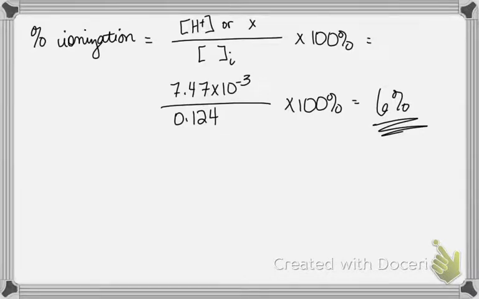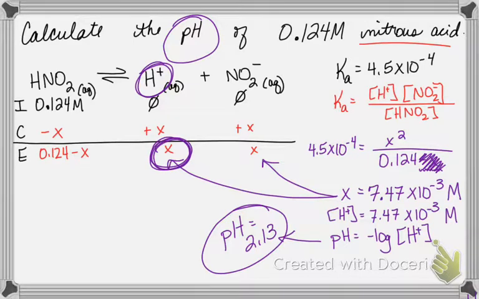And so that's a little high. Typically, to forget about this little minus X, you want it to be about 5% or less, okay? And so the pH of this is probably a little bit lower than 2.13 in all actuality, but I'm not going to make them over 5% ionized on the test so that we don't have to do quadratic, okay?